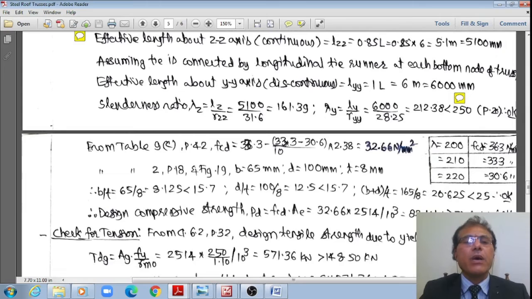Once it is okay, now once again I'll go to the same table 9C, page number 42. Though I assumed lambda equal to 200, I got 212. Therefore, for lambda equal to 210, I note down the value of FCD equal to 33.3 from the table, and for lambda equal to 220, FCD is equal to 30.6.